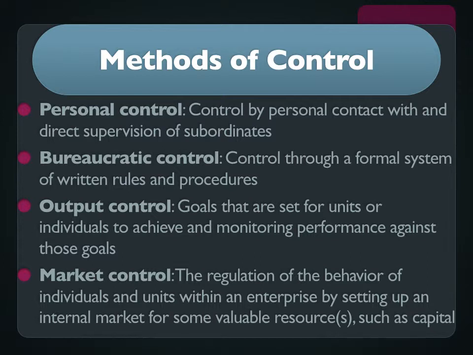So this is the idea that the division that is meeting their goals the best, we're going to give them more resources so that they can continue growing and accelerating. The units that are not performing as well, we're going to cut their resources because they're not performing as well as they should be. And I think it is an interesting idea.